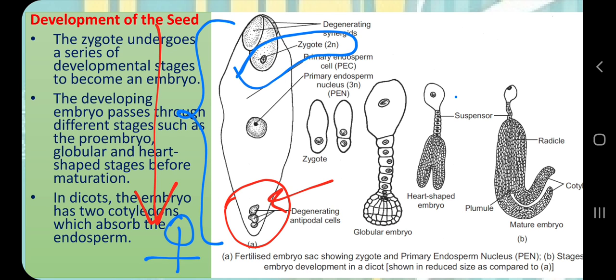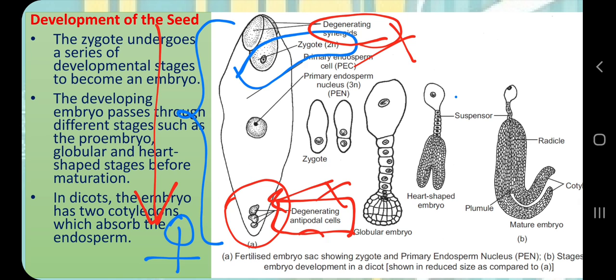When we are talking about flowers or biological structures, we can draw the diagram either way. So let's consider that these antipodals will degenerate after fertilization. The 2 synergids will also degenerate after fertilization. So 3 plus 2, 5 cells have degenerated, and we know that the embryo sac has 7 cells. So only 2 cells are remaining.